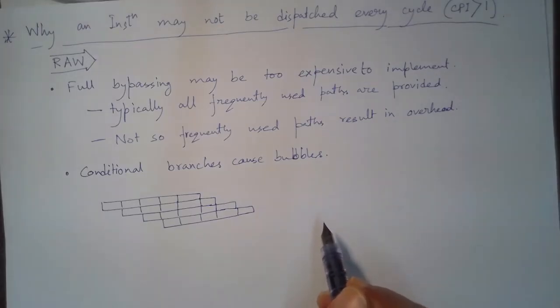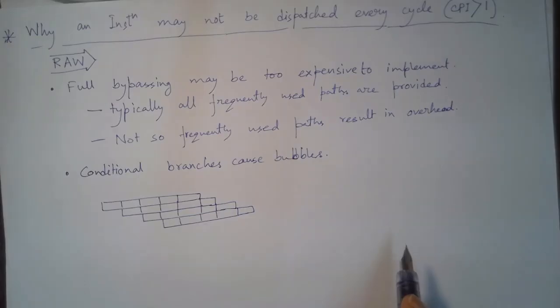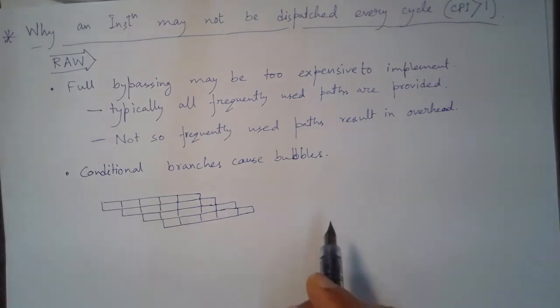So what do you do there? You have multiple pipelines, you allow out of order execution, you also allow many other features, and you put a lot more resources in to achieve higher and higher performance. For example, very sophisticated branch prediction algorithms are used, and so on.